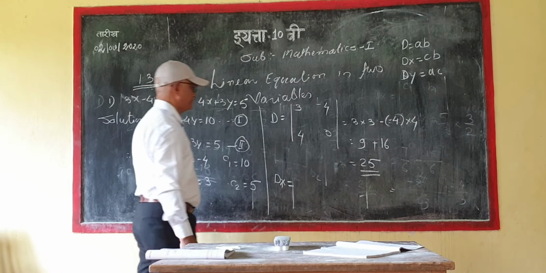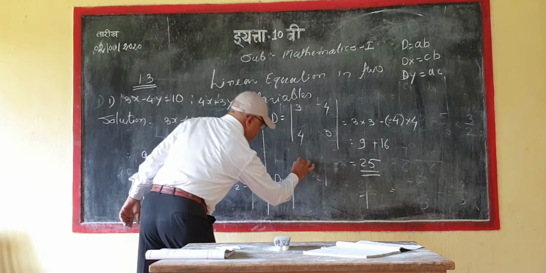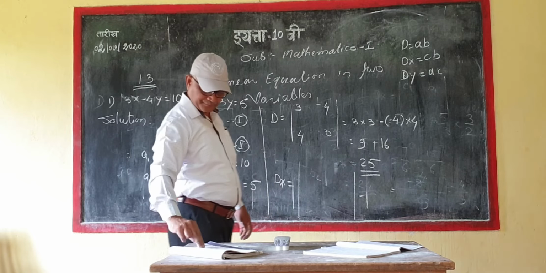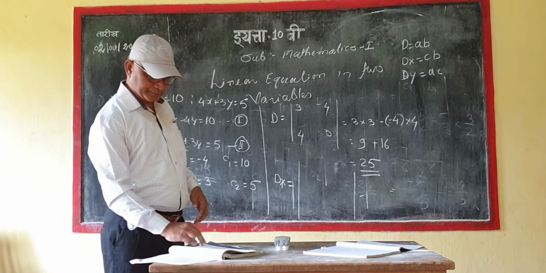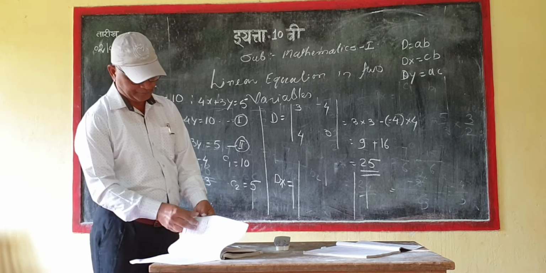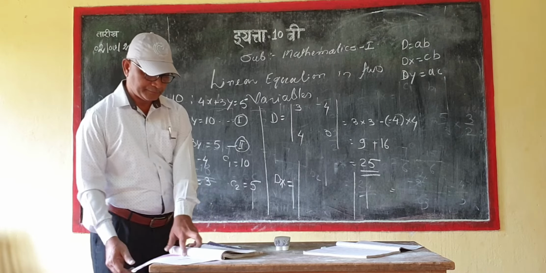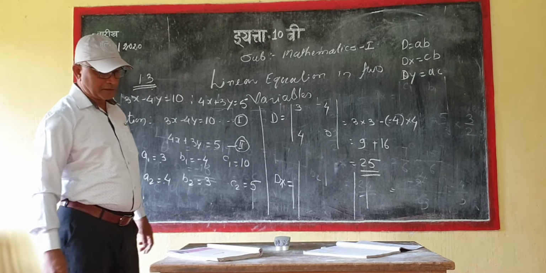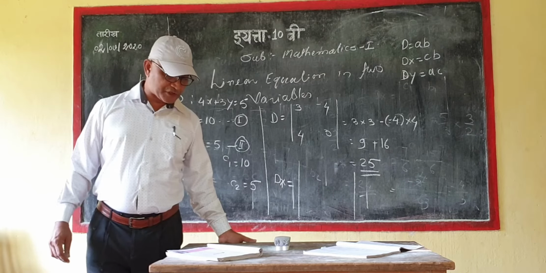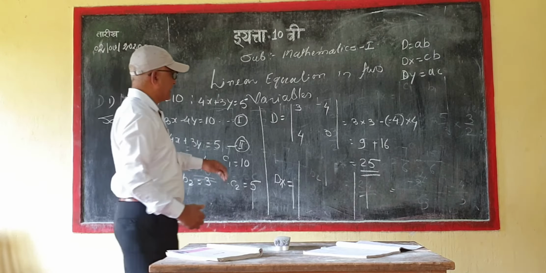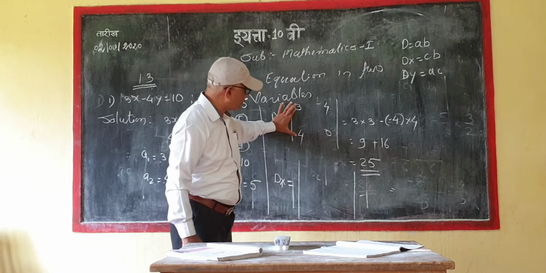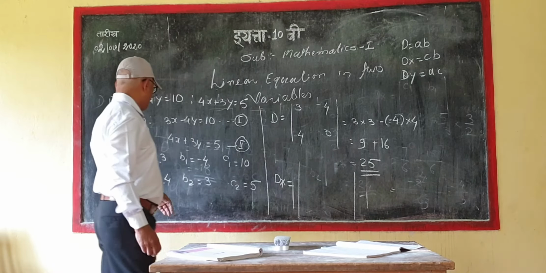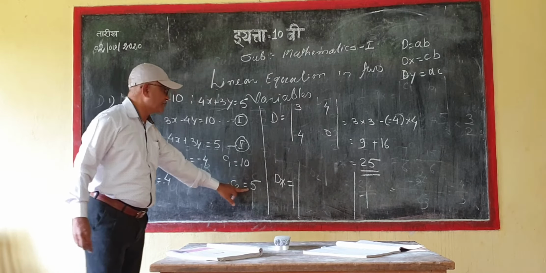dx. In dx, the column of coefficient x, A1 and A2 means 3 and 4, is replaced by C1 and C2, 10 and 5.